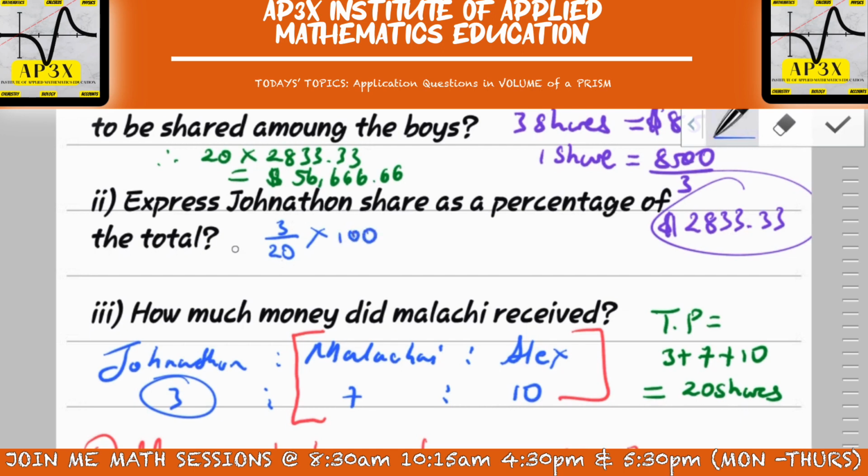Pardon me guys, totally got distracted moments ago. We want the percentage, not the amount that Jonathan received. Okay. So therefore then, let's do this again. That's 3 divided by 20 multiplied by 100. Jonathan would have received 15% of the money.